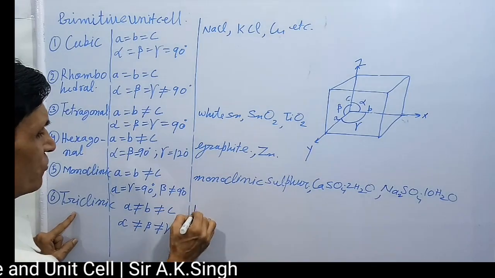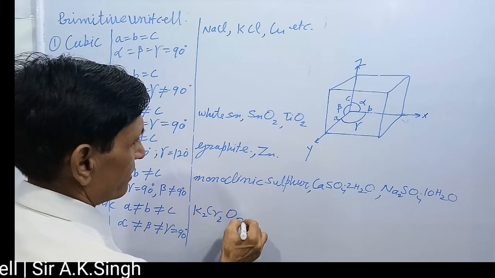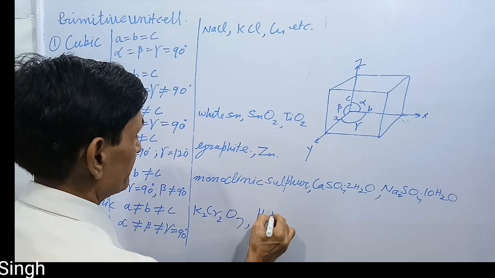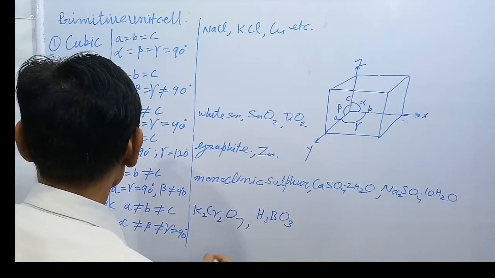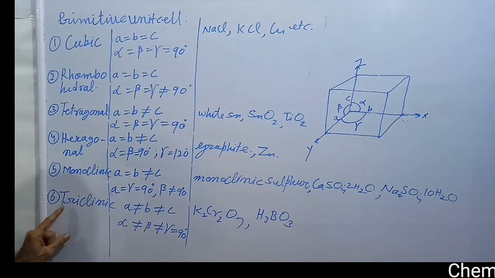Potassium dichromate, K2Cr2O7, is the most important example, and boric acid. These are some examples of triclinic primitive unit cell.